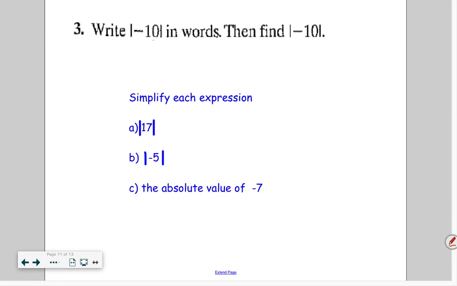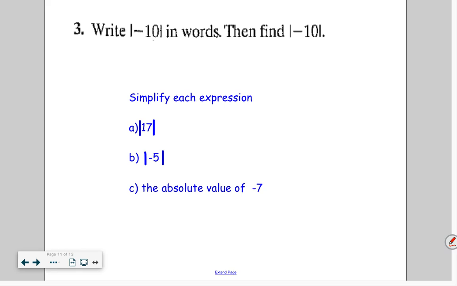If you came across this, how would you read that correctly to yourself? Ellie, absolute value of -10. Read the whole thing, left to right. That was perfect.